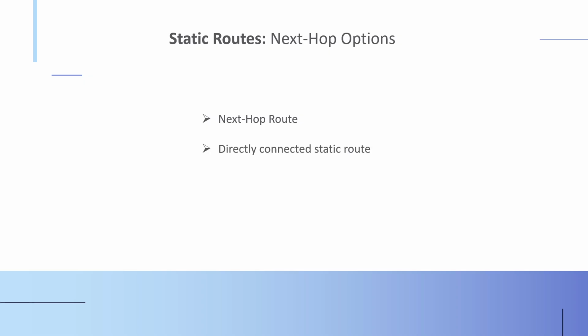We have the directly connected static route, where only the router exit interface is specified. And we have the fully specified static route, where the next hop IP address and the exit interface are both specified during the configuration.